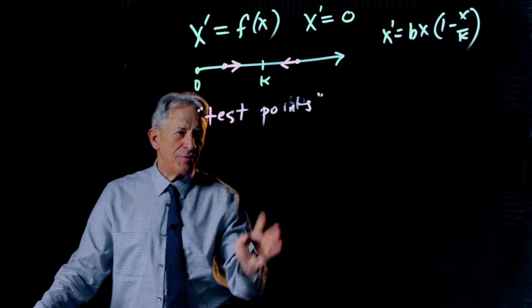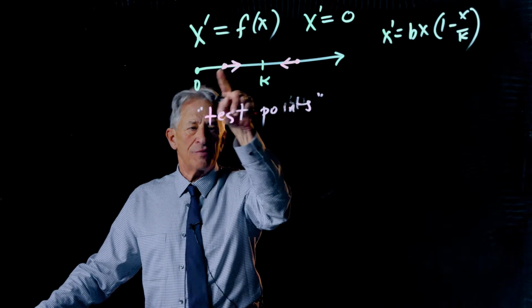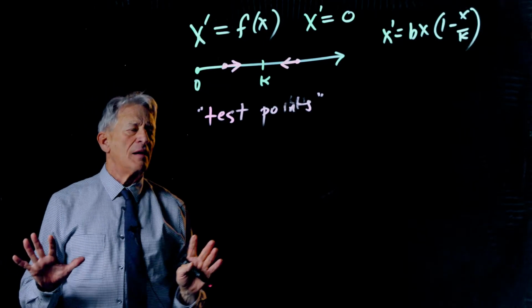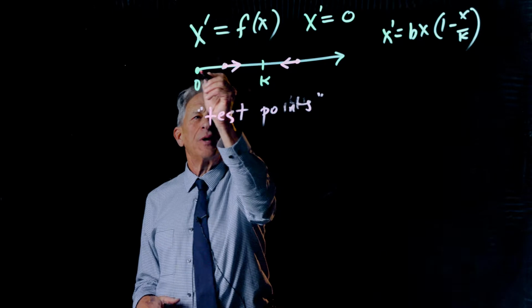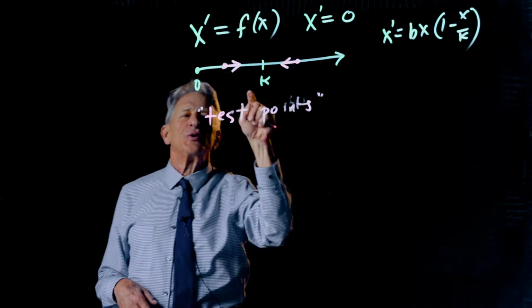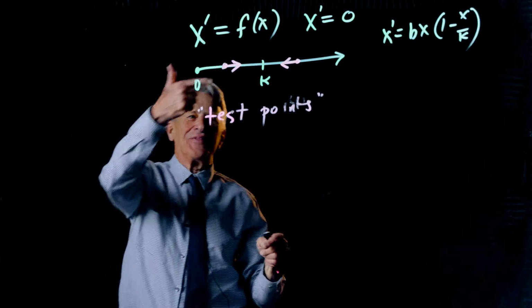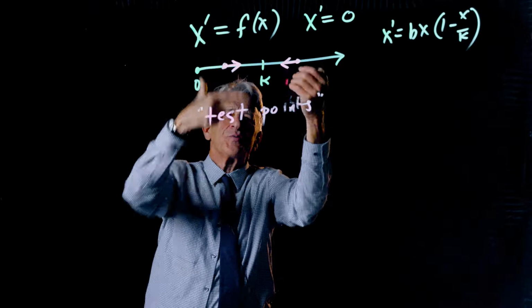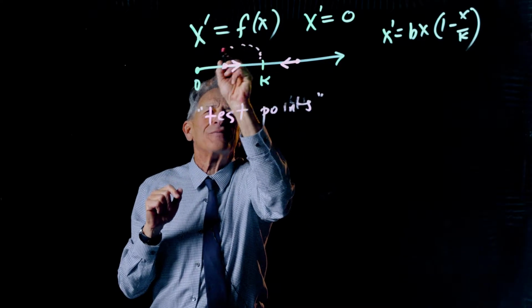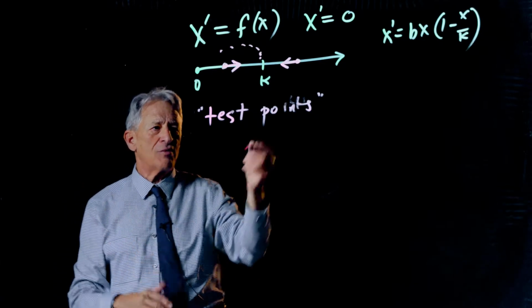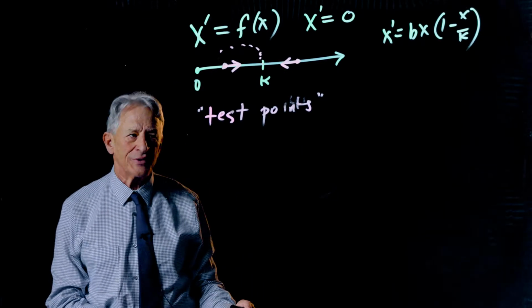Now, the method of test points in one dimension works beautifully, and it works beautifully because of the very special property of one dimension that you are trapped. If this arrow is going this way and this arrow is going this way, there's no chance of you evading that arrow. You're trapped in between the two arrows, and you must go to that point.